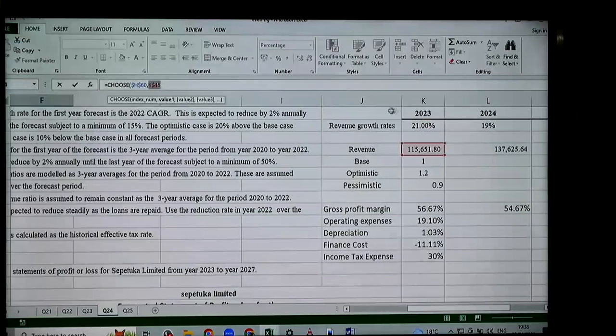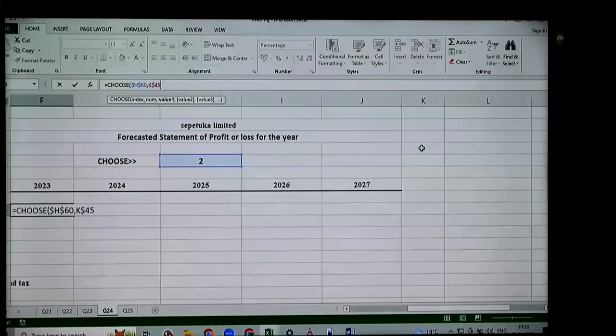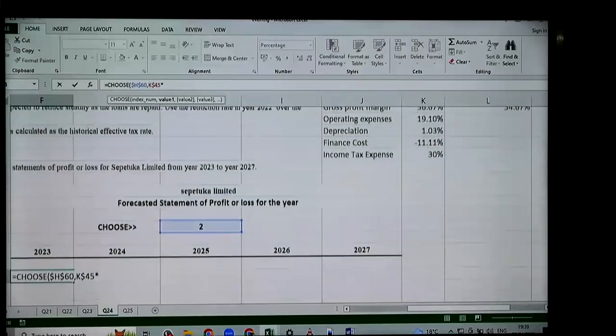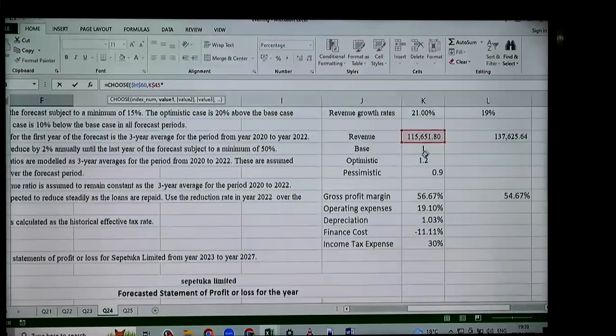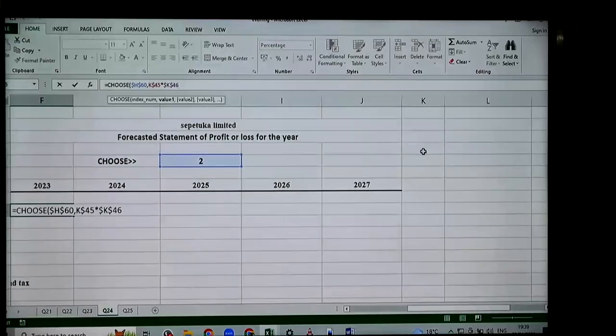So it will be that one. We multiply by our base case, because the first one is our base case, times one, which is the same thing. But this one I'm locking fully because I don't want it to move anywhere.